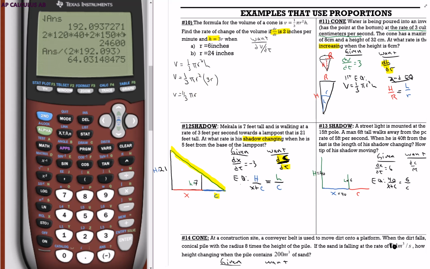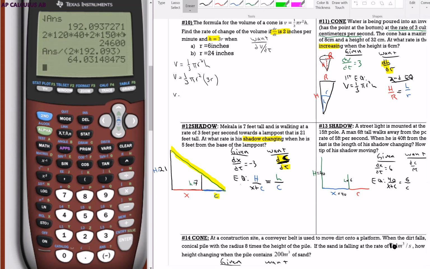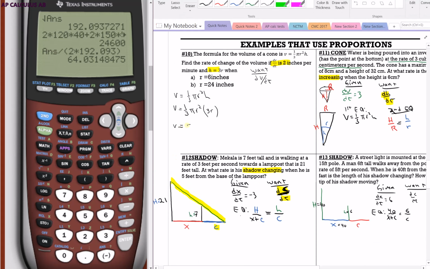If I multiply 3r times 1/3, I'm just going to get r, right? So it's going to be volume equals pi r and then pi r cubed, because r times r is r cubed, right? So now I'm left with this much simpler equation that I can take the derivative of, right?